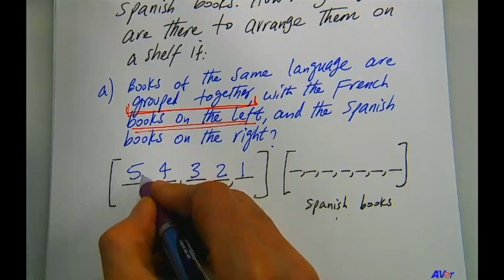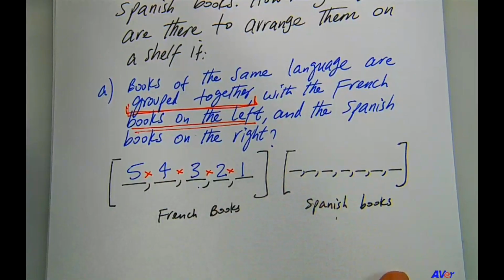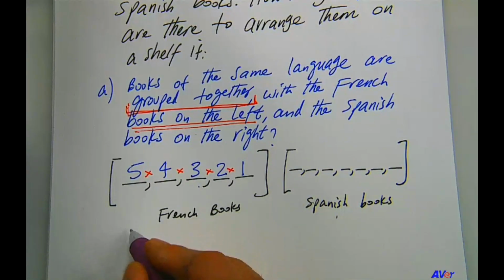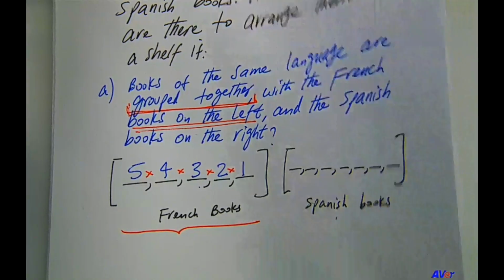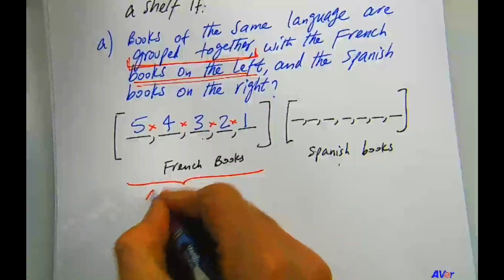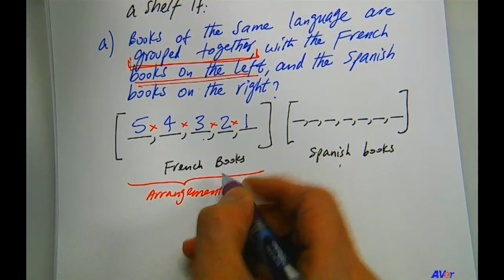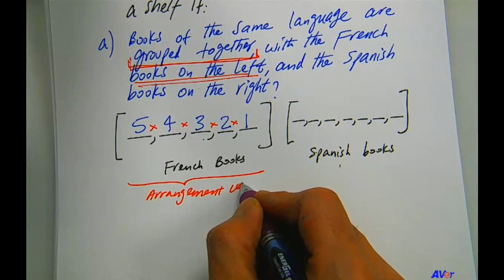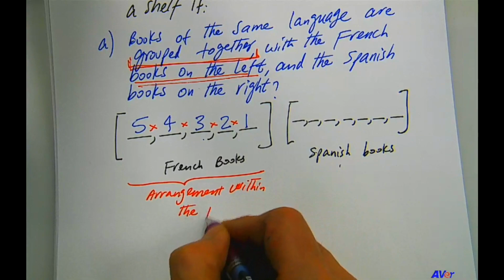By the multiplication principle, we multiply these, and this is arrangement within the group, within the French group.